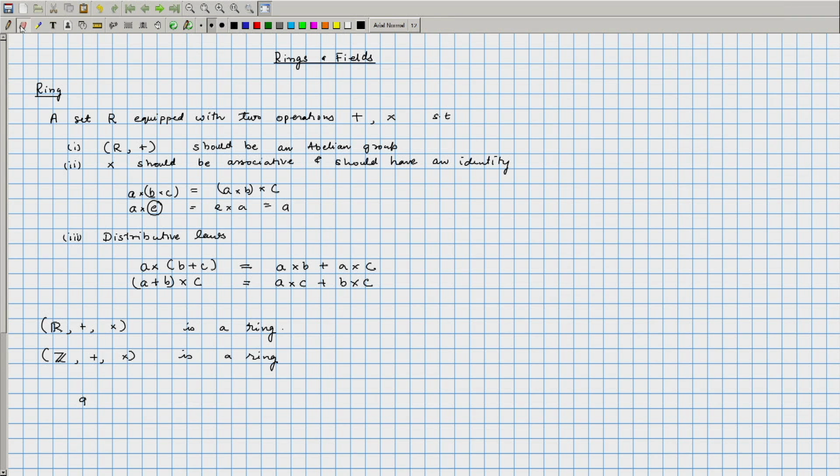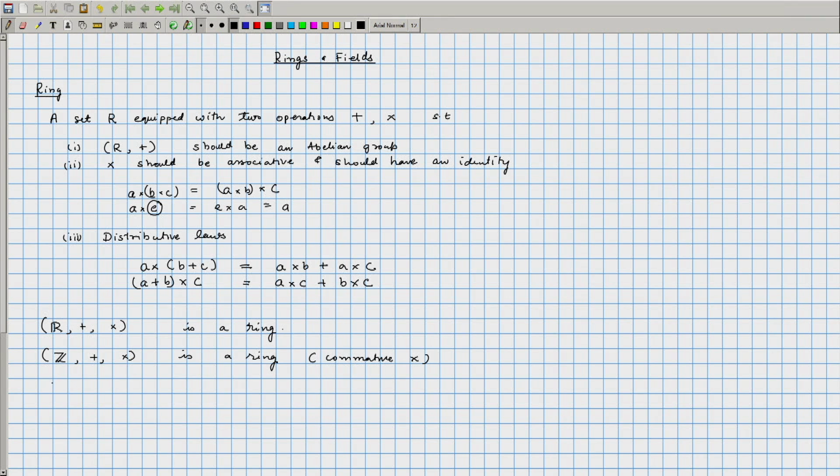But this is a commutative ring, in the sense the multiplication operation is commutative. The same applies for R, but Z is a commutative ring where not all non-zero elements are invertible. The only invertible elements in this ring are +1 and -1.